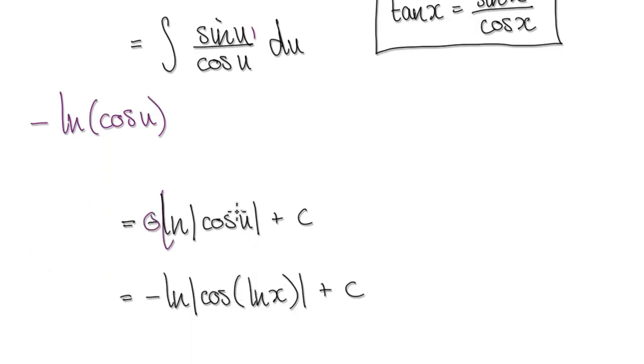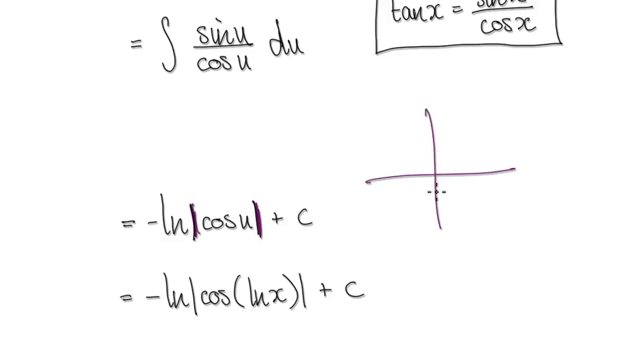natural log cos u. And now remember, I've already done an explanation as to why in this case you need to put the absolute value when you integrate. When you integrate 1 over x, it's not simply just natural log of x, because you need to consider the negative strand here. So the way we would get around that is to consider the absolutes.